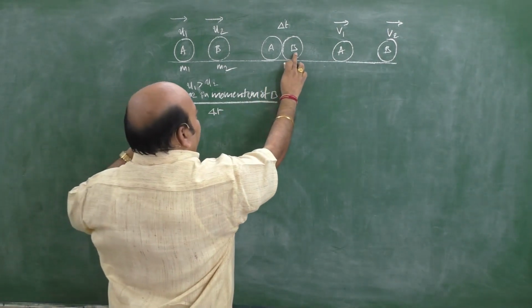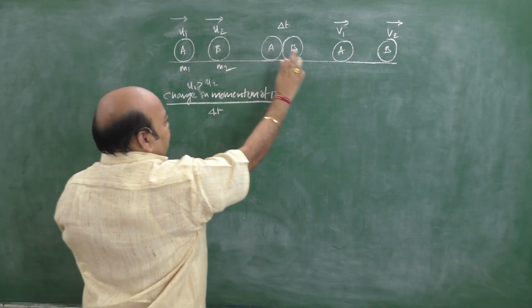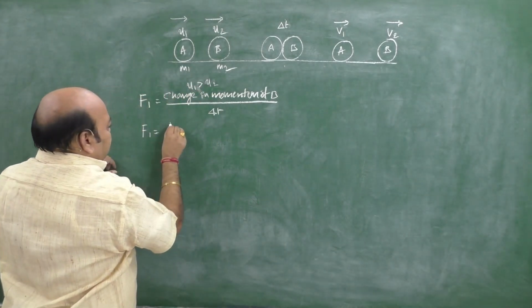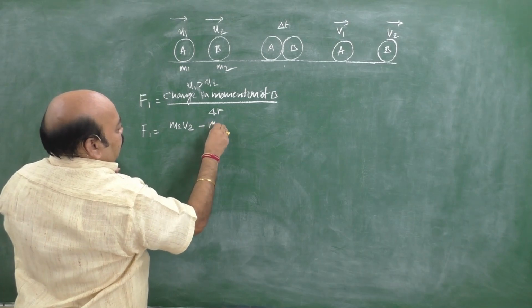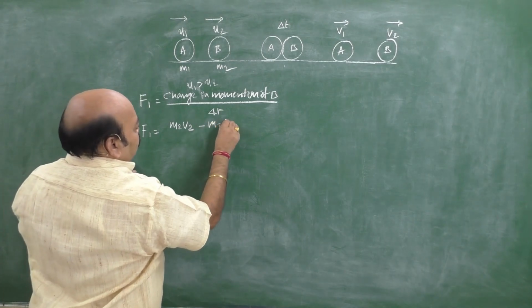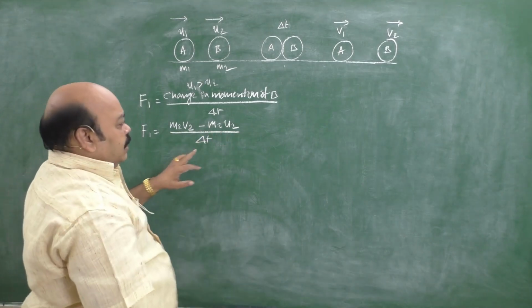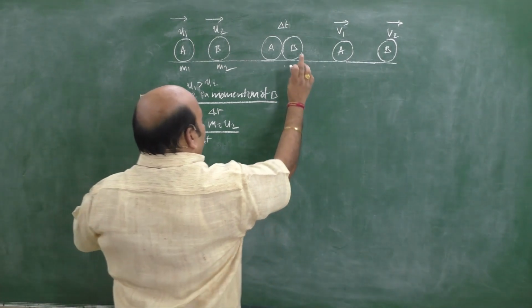What is the initial momentum of B? m2 u2. After this, m2 v2. So the change in momentum is m2 v2 minus m2 u2 divided by the time of contact, delta t.